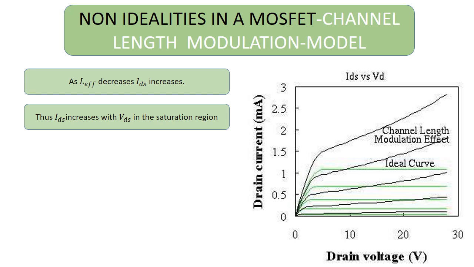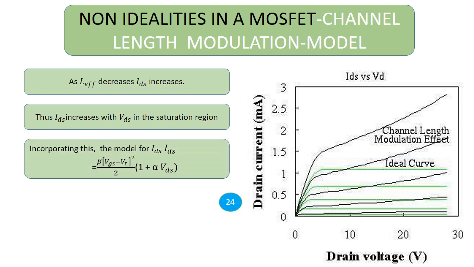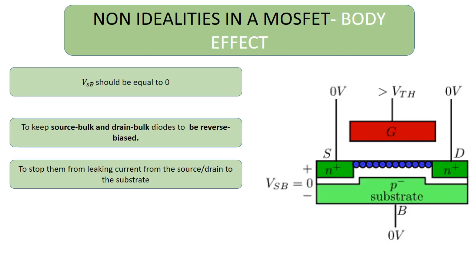To incorporate this, we have introduced a factor 1 plus alpha into VDS, which makes IDS equal to beta into VGS minus VT the whole squared by 2 into 1 plus alpha into VDS, which is equation number 24. The analysis was done till now by considering only the gate, drain and the source.